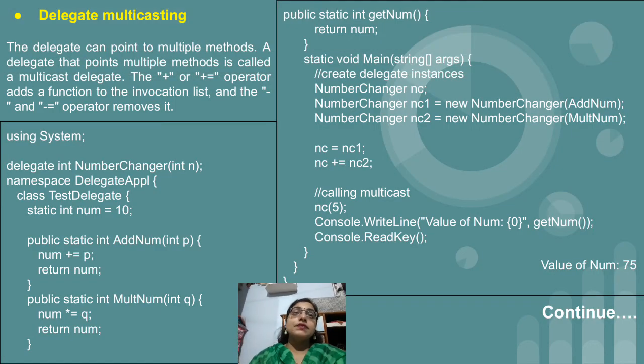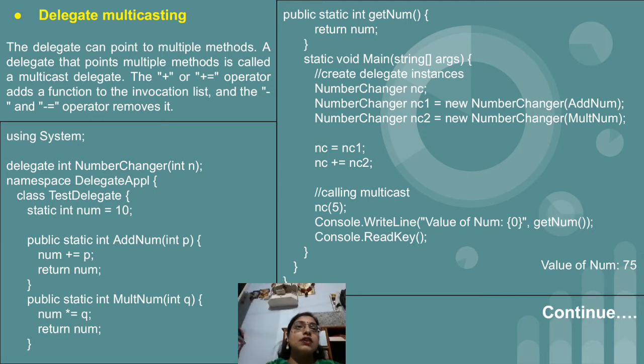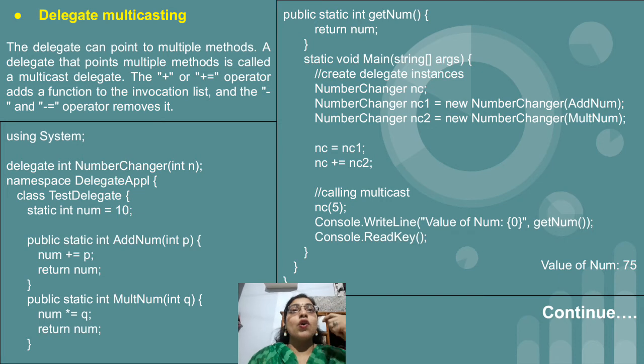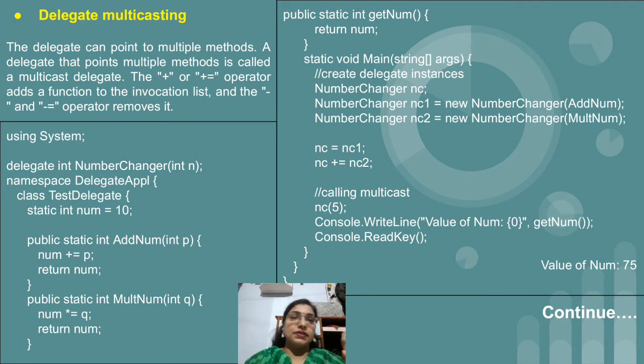After that, next we are having multicasting. Multicasting means whenever, with the help of a single instance or single object of a delegate, we are trying to call multiple methods, then that is called multicasting.